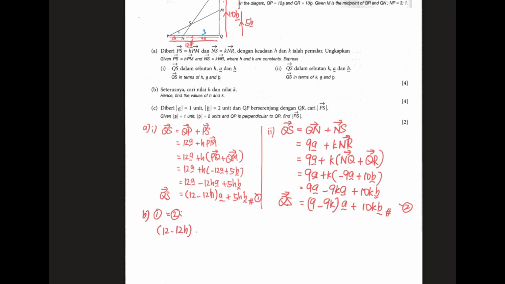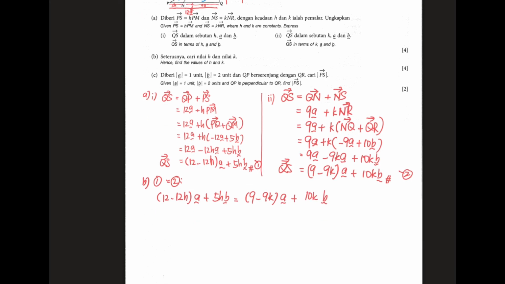Then I have 12 minus 12HA plus 5HB equal to 9 minus 9KA plus 10KB. Then I can compare the coefficient of vector A, and I can also equate the coefficient of vector B, so which is this equal to this.